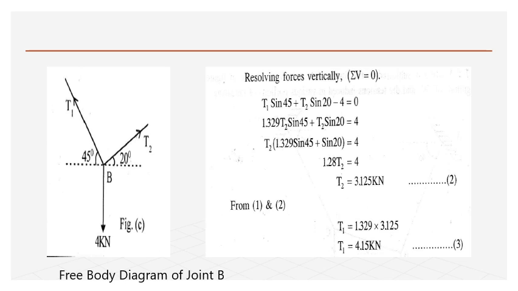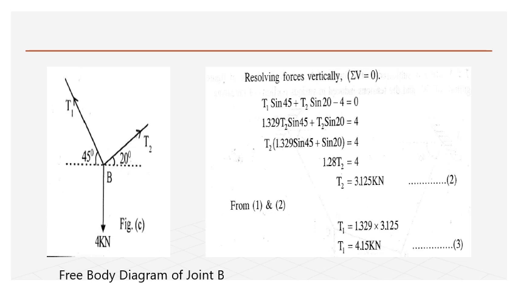But T1 is 1.329 T2, so substitute it. We can find the value of T2, that is equal to 3.125 kilonewton. So substituting the value of T2, we get T1 as 4.15 kilonewton. Okay.